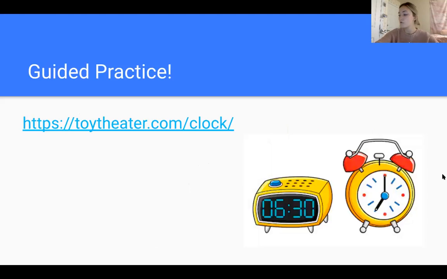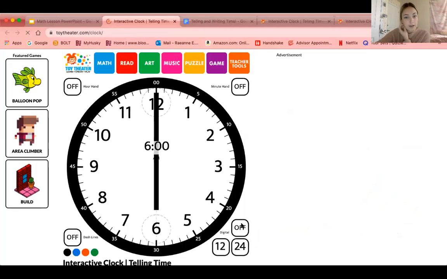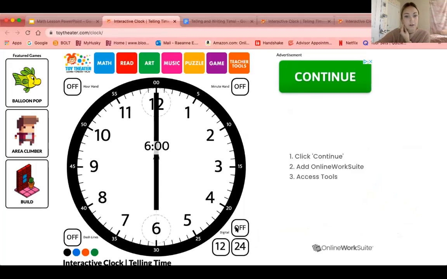So now we're going to move into some guided practice. Here I'm going to display different times on this clock and I'm going to have you pause and reflect and determine what the time is.